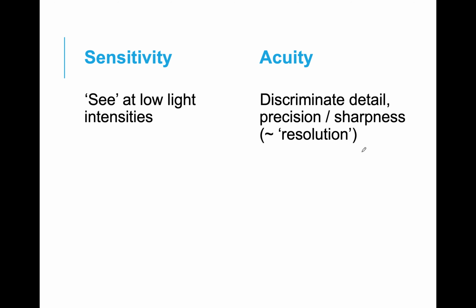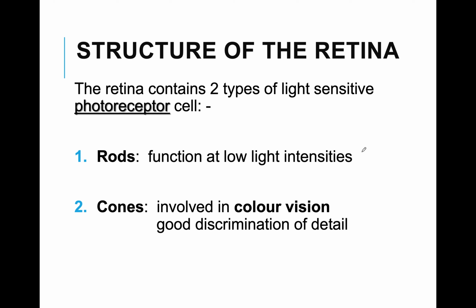Now these 2 terms relate to the 2 types of photoreceptor cell. So the retina contains 2 light-sensitive photoreceptor cells.